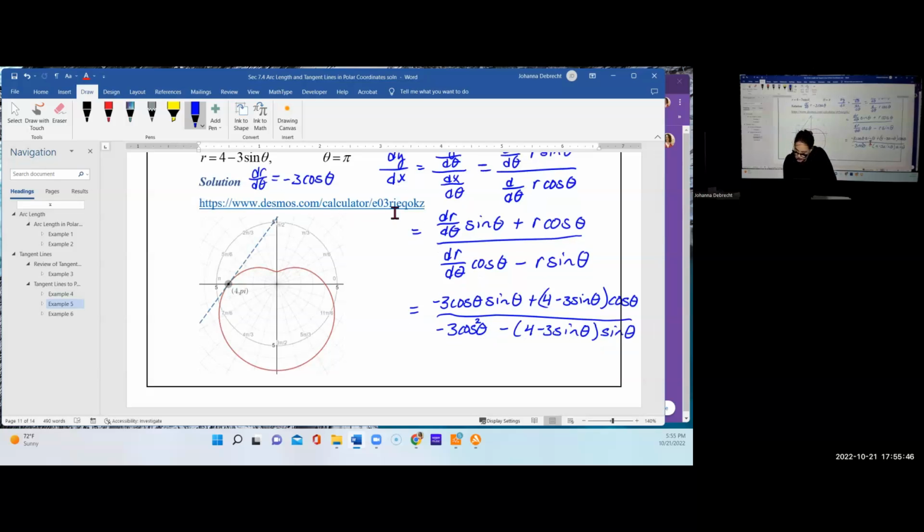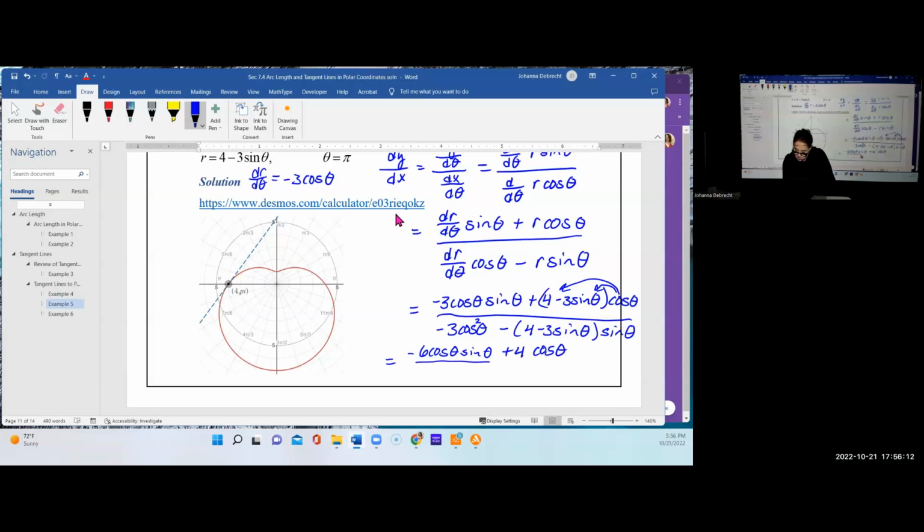If I simplify a little bit, this is going to give me -3 cosine theta sine theta. Distributing the cosine theta here is going to give me another -3 cosine theta sine theta, which gives me a -6 of them, plus 4 cosine theta.